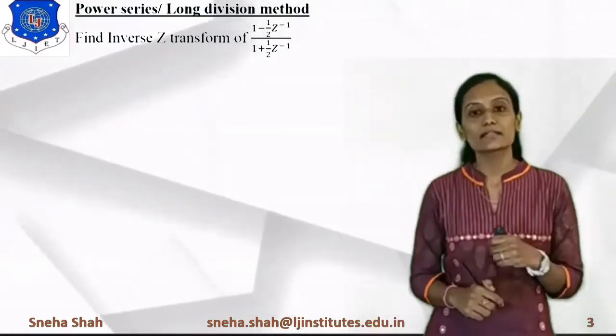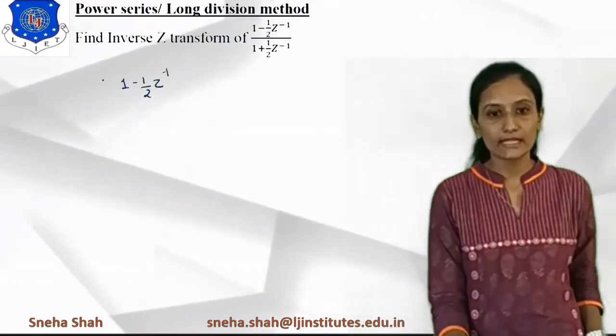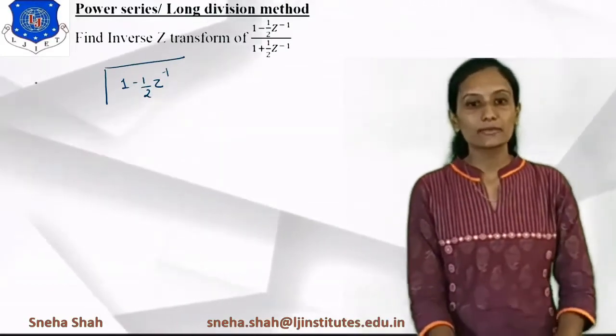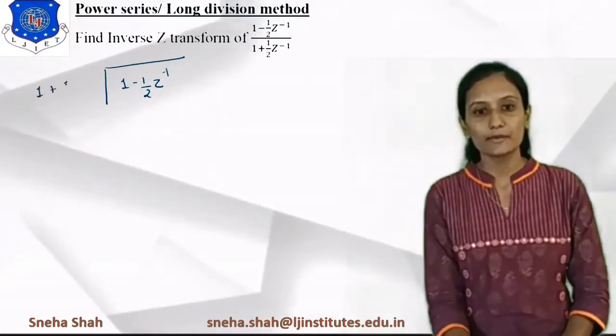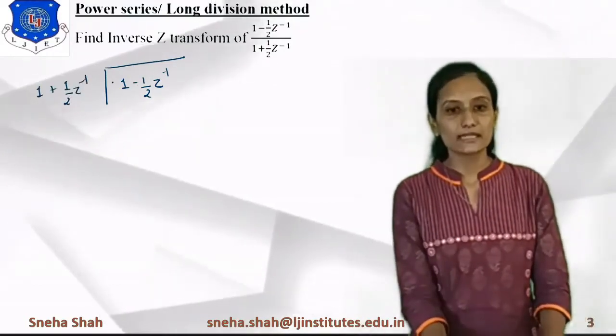So how are we solving this example? The numerator 1 minus 1/2 Z inverse comes over here and the denominator 1 plus 1/2 Z inverse comes over here. Now you can see that the first term is 1.